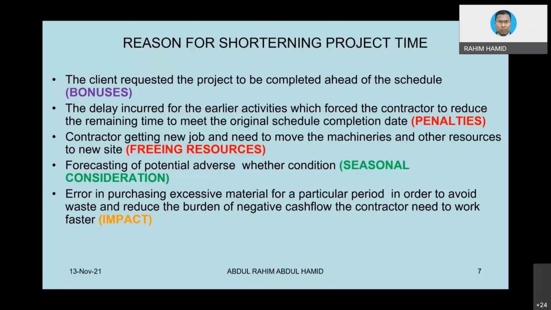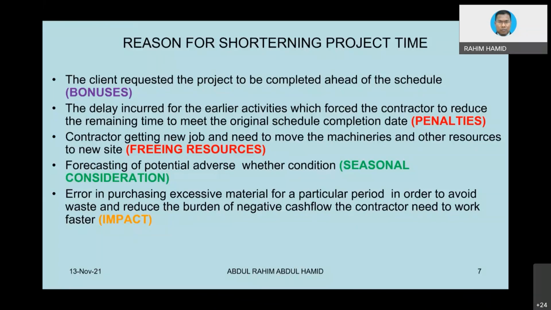Second, to make up for delay incurred in early activity. For example, delay is a common thing in Malaysia, everywhere in the world. Let's say you are already experiencing delay due to whatever reason, then of course you need to catch up for the remaining activity.